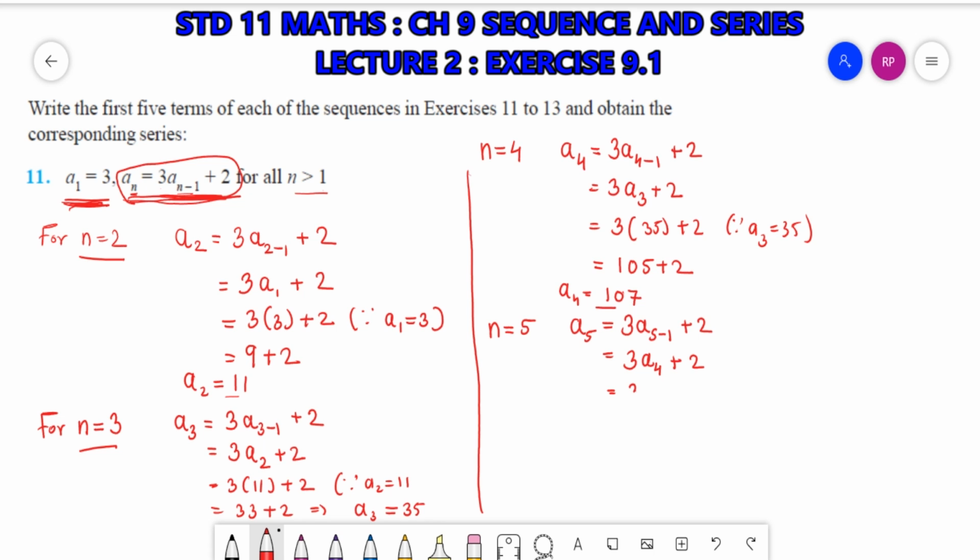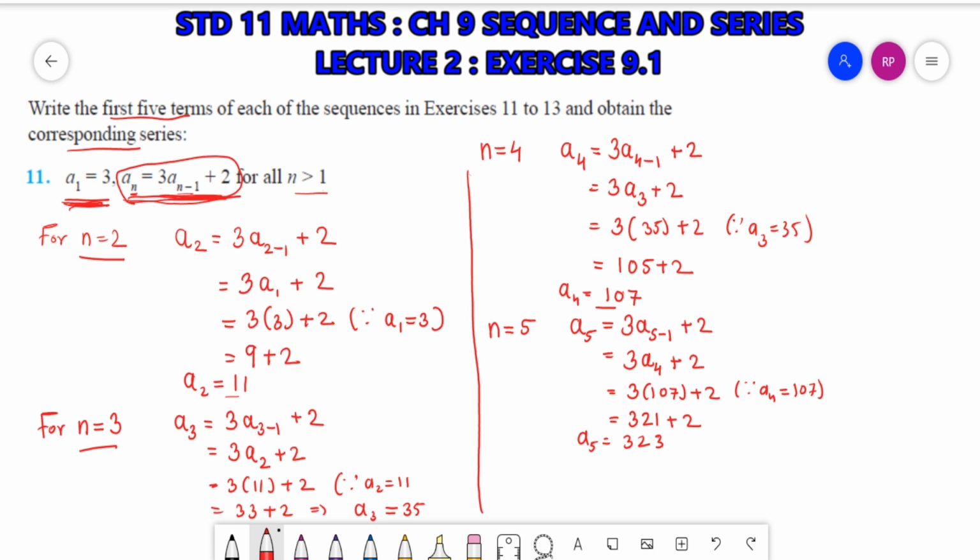It will be 3 into 107 plus 2, because a4 is equal to 107. Now 107 into 3, 7 threes are 21 and so on, that is 321, plus 2. So a5 is equal to 323. So we have found the first five terms and now we obtain the corresponding series.